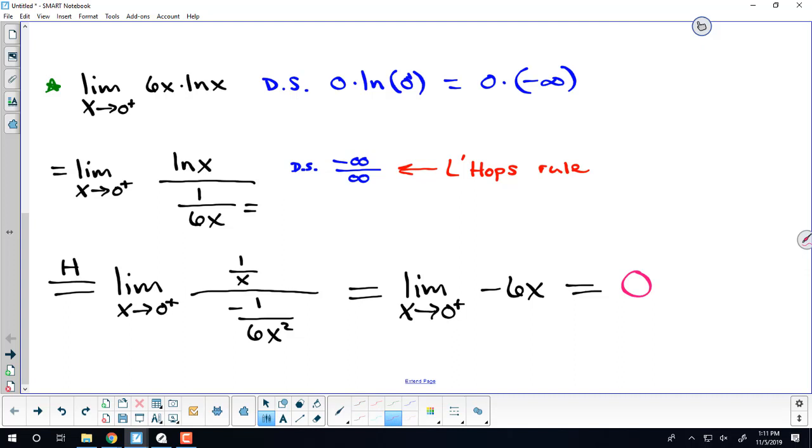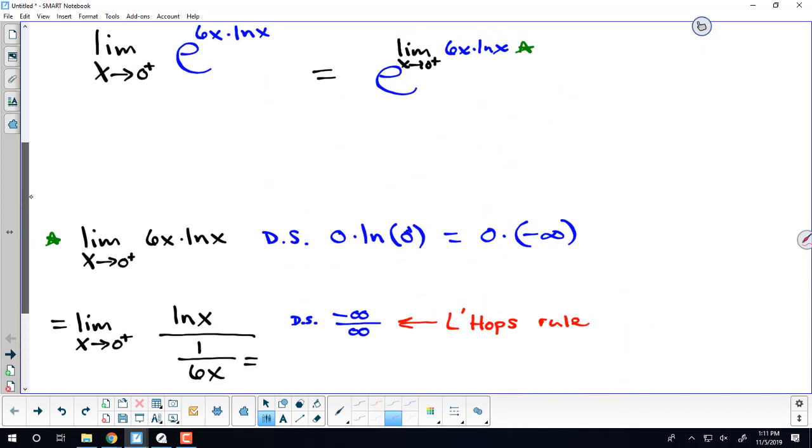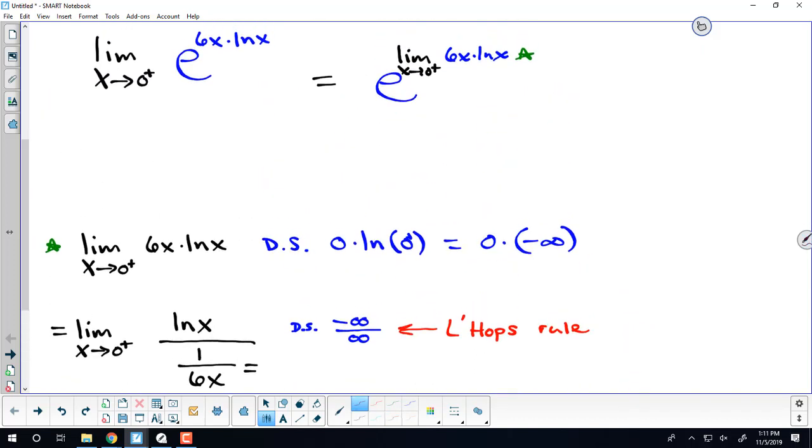But again, that was just a part of the result, right? That limit is for the exponent up here on e. So our final result needs to be e to that power, which is e to the 0, giving us 1.